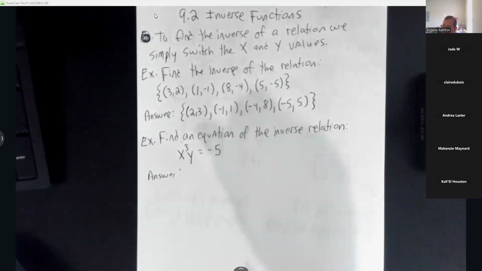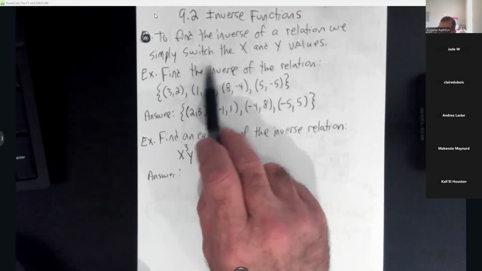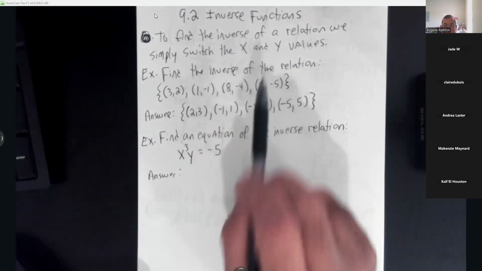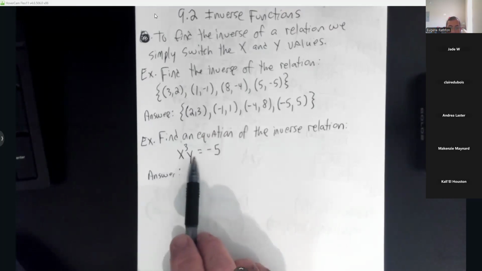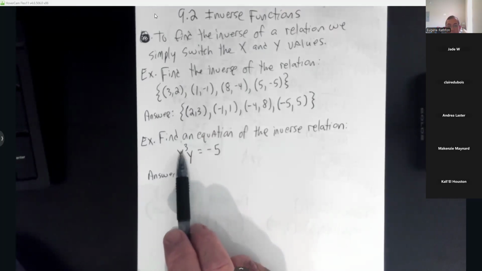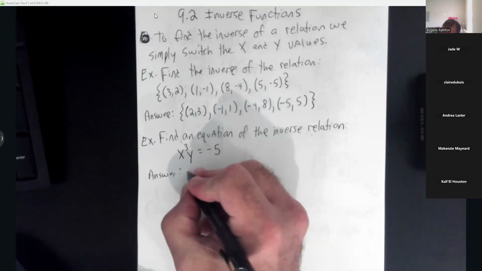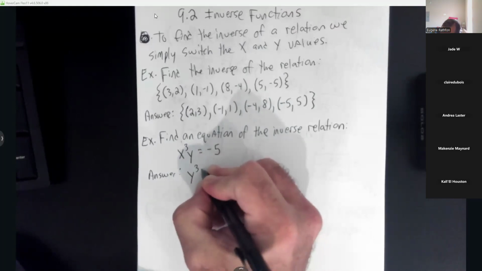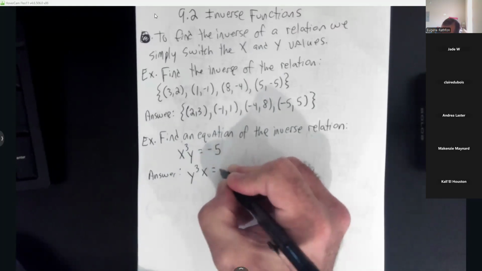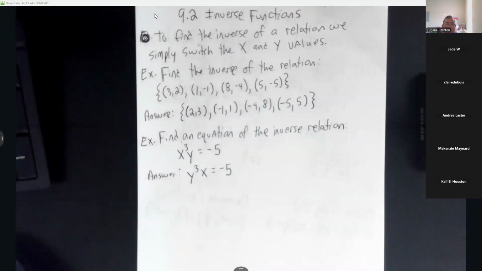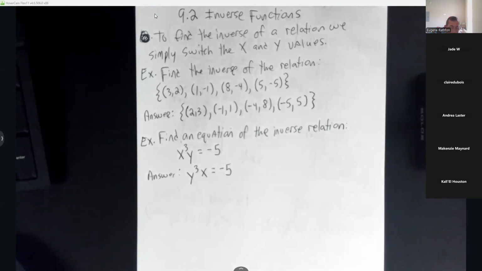So remember, to find the inverse of a relation, I switch the x and y. So y'all, I'm going to switch x and y. I don't move the exponent, it stays there. All I'm going to do is switch the variables, so that gives me y cubed x equals -5. Okay, so not much on the first two problems. You're just switching.